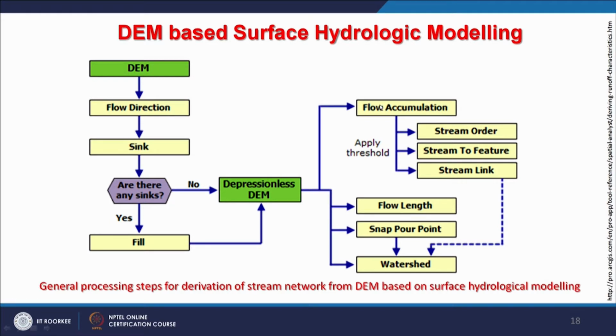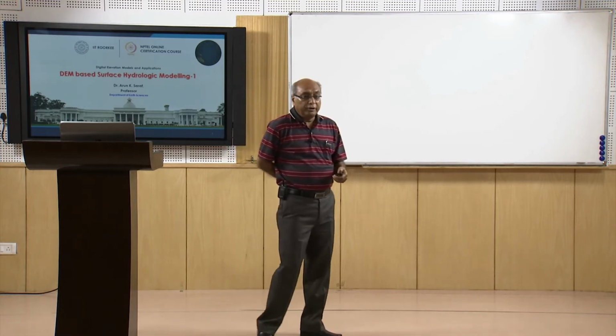This theme, as mentioned, can be used to derive a stream network, stream order, or stream to features, meaning raster to vector here, or a stream link file, which can be used later in watershed boundary delineation, and other in-between parameters can also be derived, like deriving runoff characteristics of a terrain through surface hydrologic modeling.